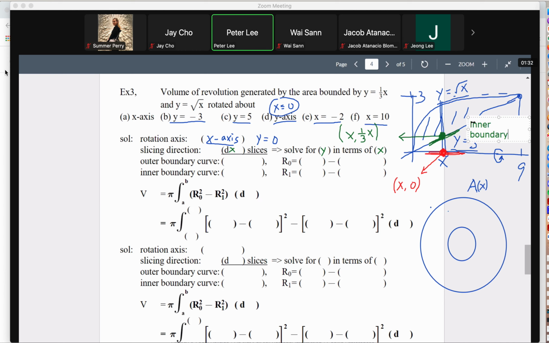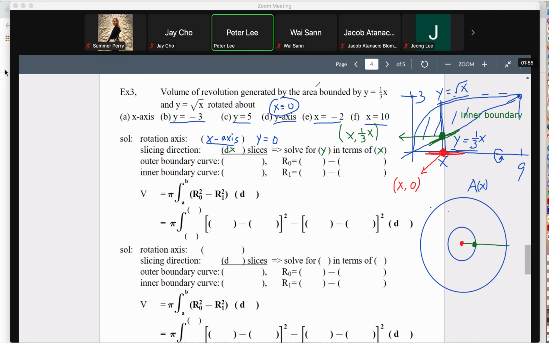That green point, which I marked in green, corresponds to this point right here on the line. The red point which I marked is actually over here.